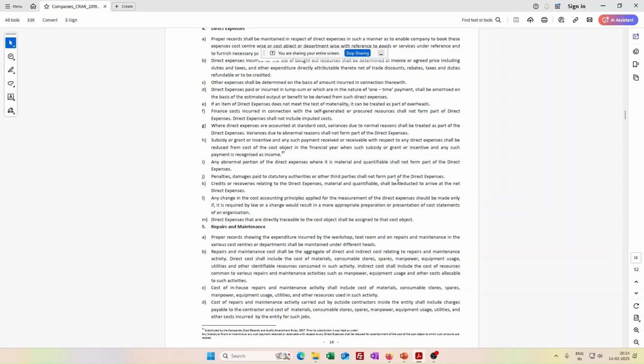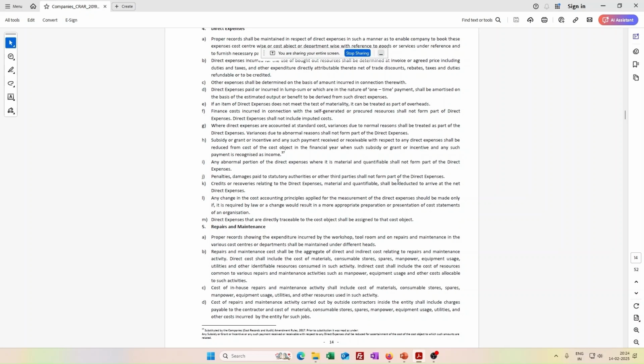But for in-house repair and maintenance, you have to allocate the cost into the repair cost center, and all costs associated with the repair and maintenance must be booked under repair and maintenance.